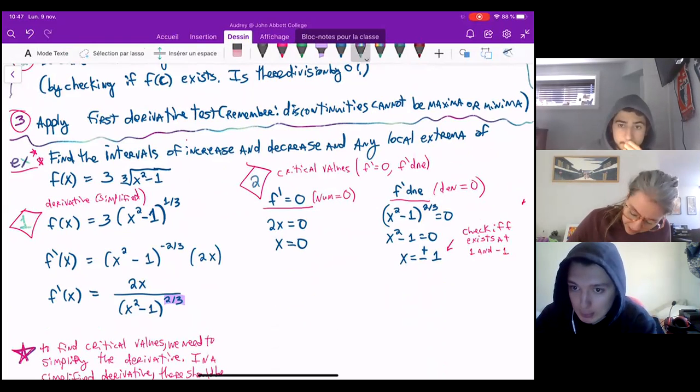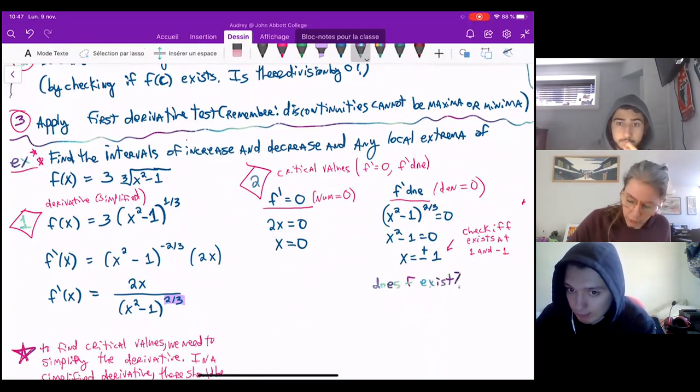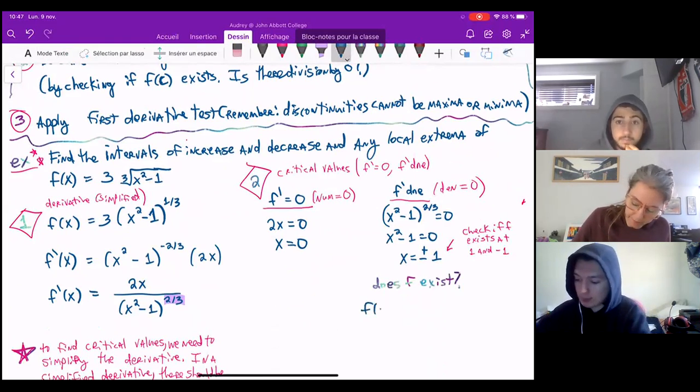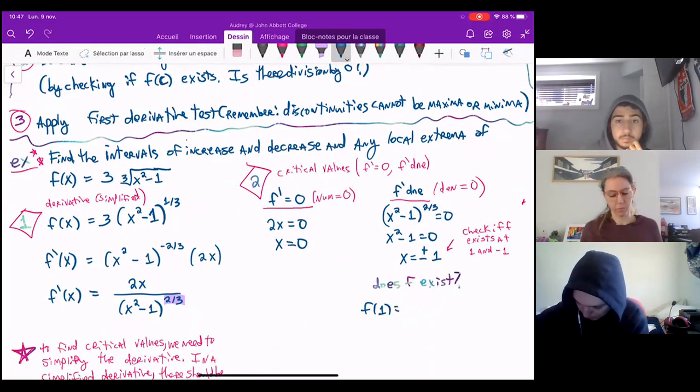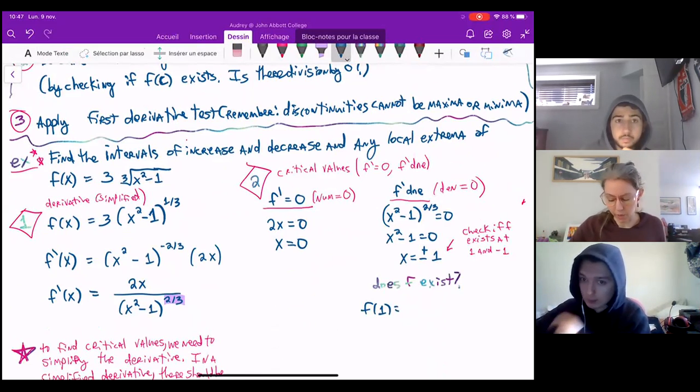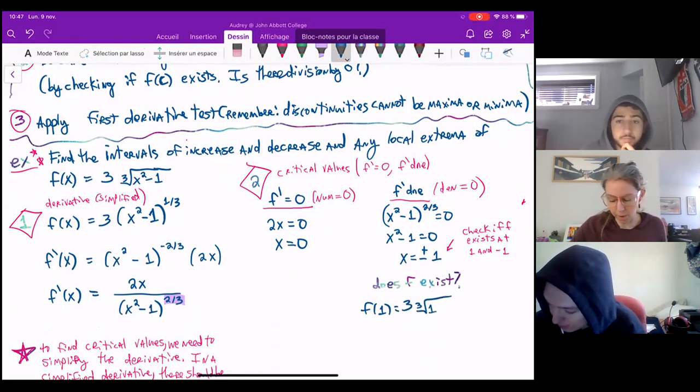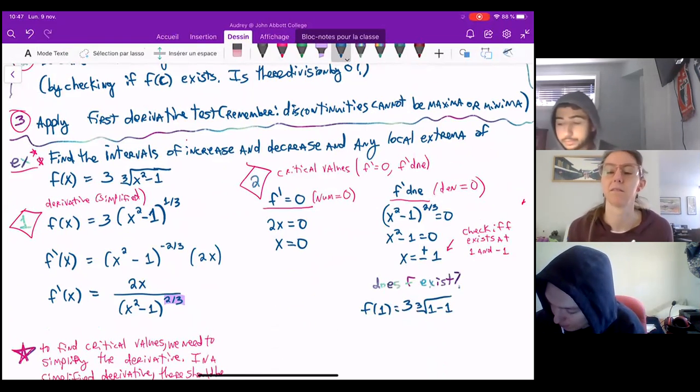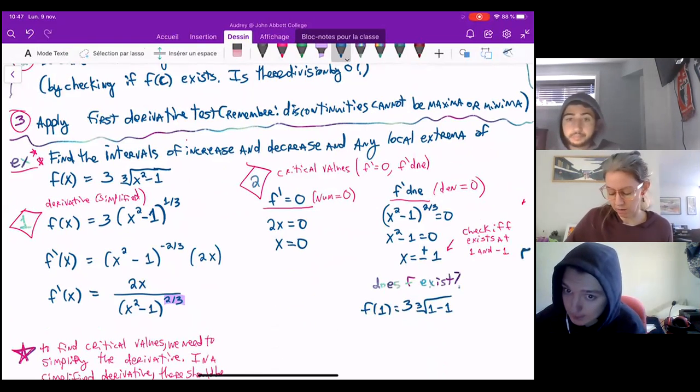So here we're going to have this extra thing, does f exist? So first I'm looking at f of 1. What does f of 1 equal? I get 3 times the cubed root of 1 minus 1. What's that? You got it. It's 0.